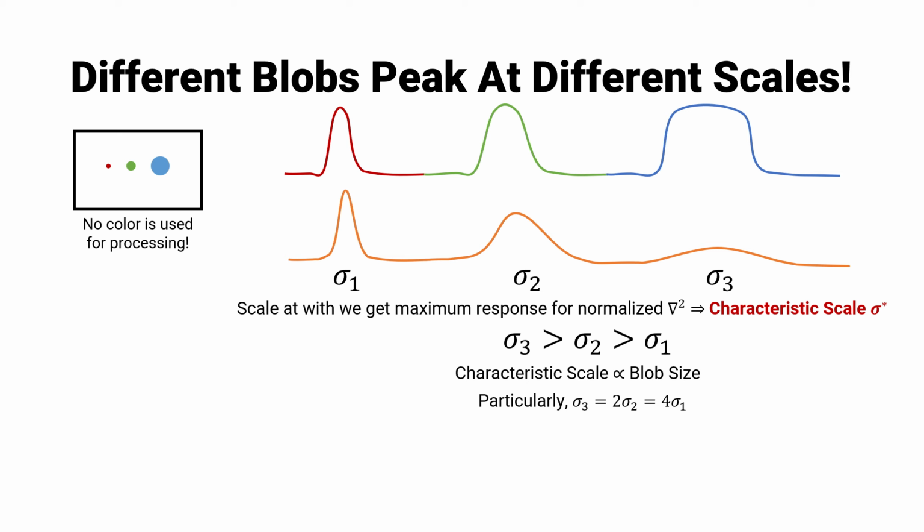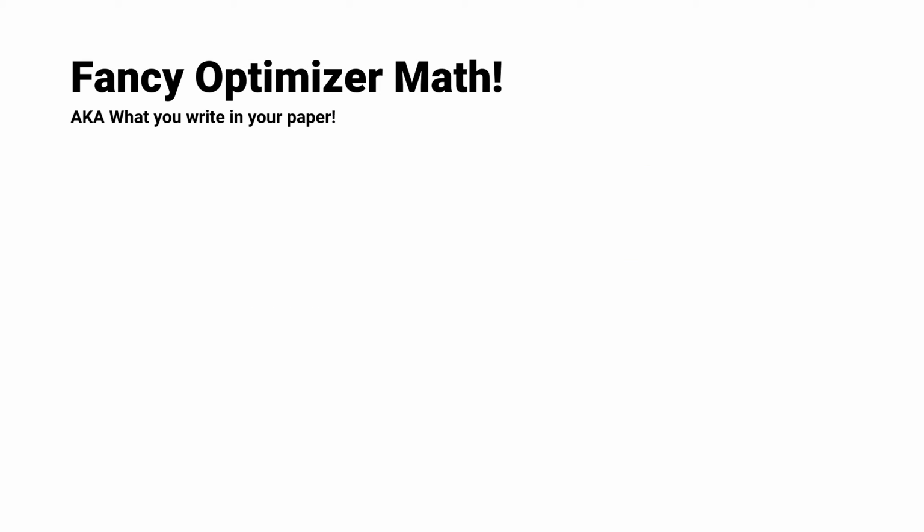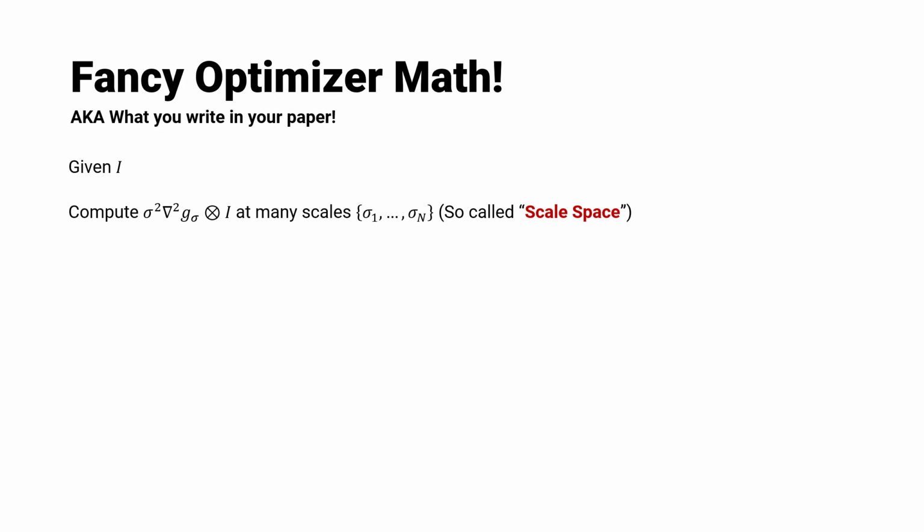So if you want to actually implement this in code, you would write some optimization function, and that's what you will write in your paper, right? Let's quickly go through that. Given an image I, we want to compute this quantity, sigma square, nabla square, g sigma convolved with I at many scales of sigma 1 to sigma n.